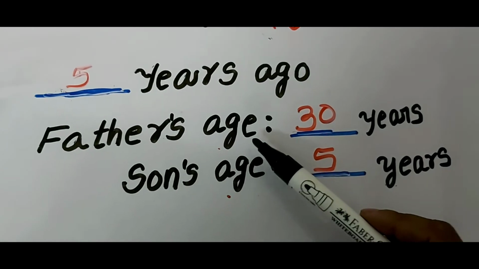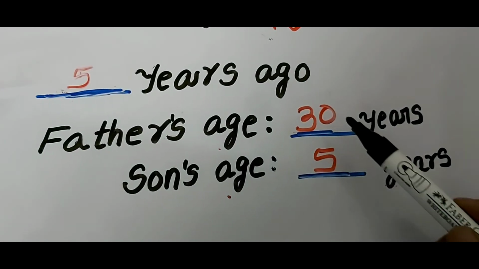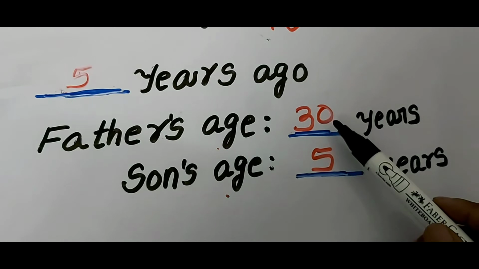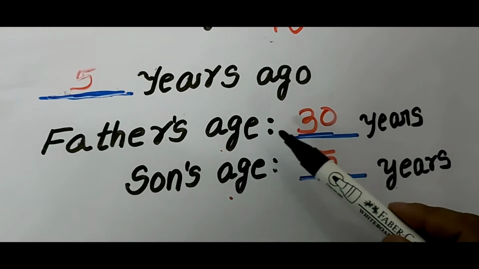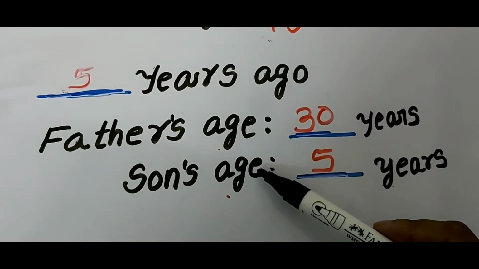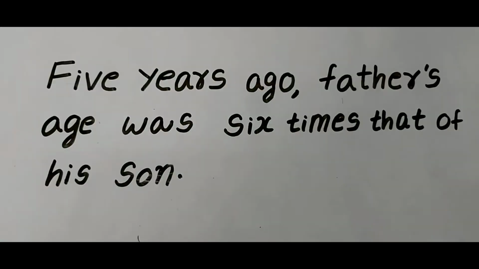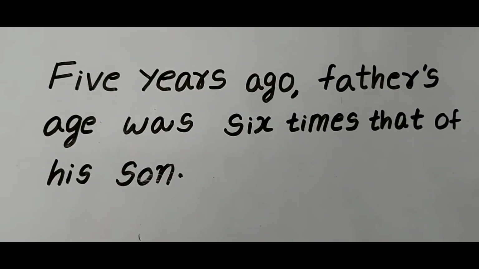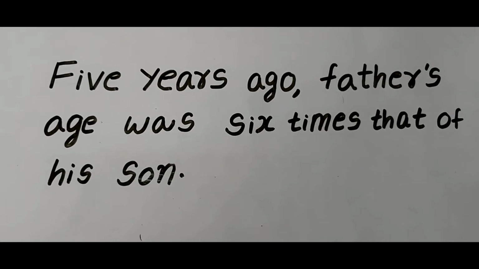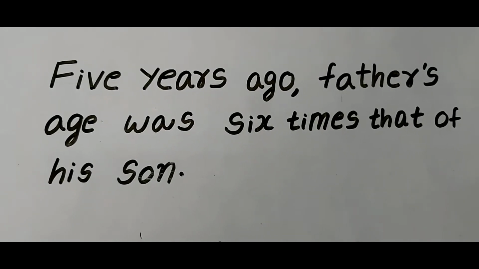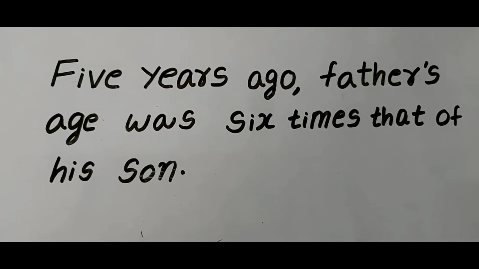Father's age is 6 times the son's age. This is the relationship between father's age and son's age 5 years ago. So, the first part of the problem will be 5 years ago, father's age was 6 times that of his son.